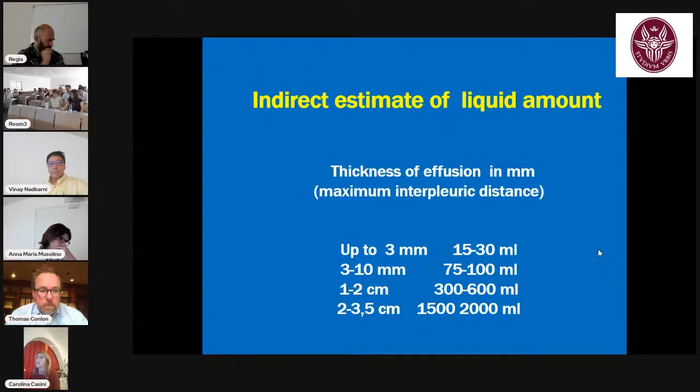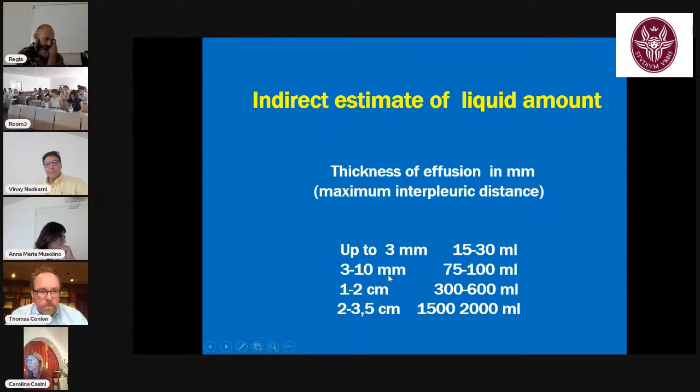effusion. Another way to estimate the liquid amount in pleural effusion is to measure the thickness of effusion in the maximum interpleuric distance. So up to 3 millimeters, we can estimate 15 to 30 milliliters.